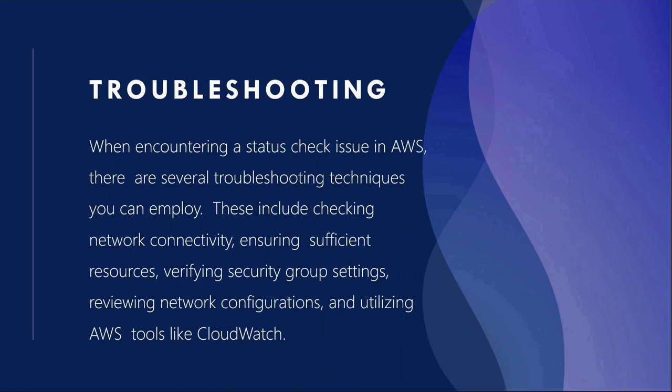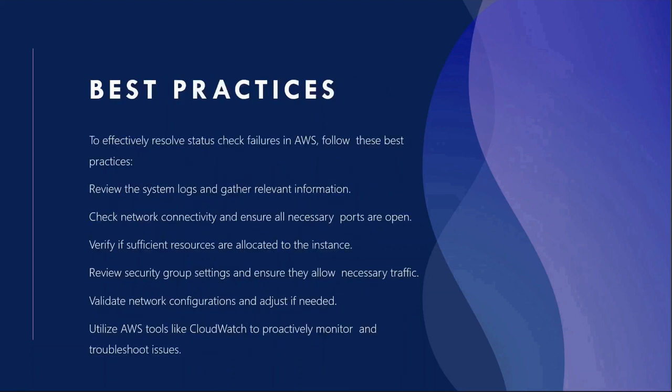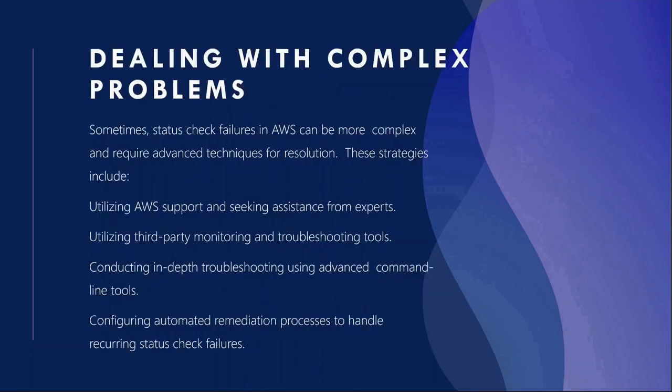But if both are failing, hardware and software, then you try to restart the instance and do the status checks again. Some of the tools which AWS provides to troubleshoot status check failures are CloudWatch, which we can use.